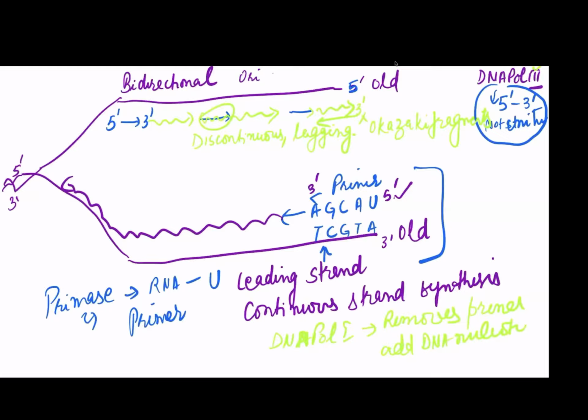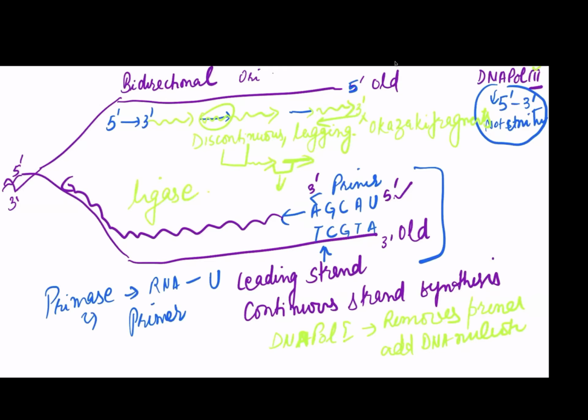But there is a gap between the two bricks here. Like for example, you removed the primer and you're starting adding. So there will be a gap between this one and this one. To fill this gap, we need another enzyme, ligase. I will show you a video in the end. So ligation is nothing.